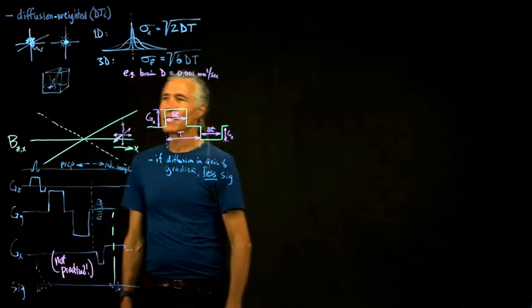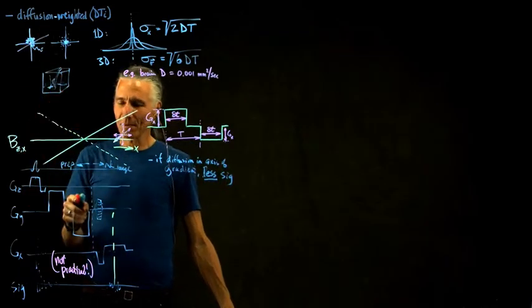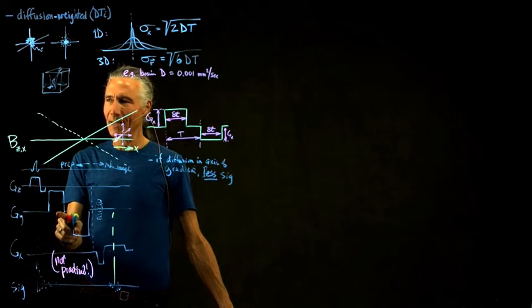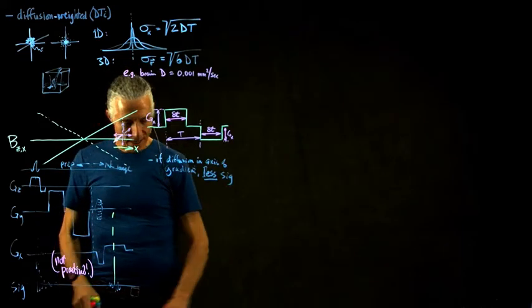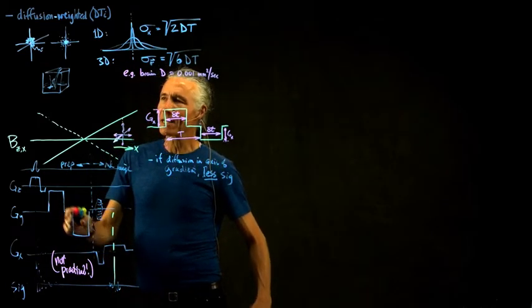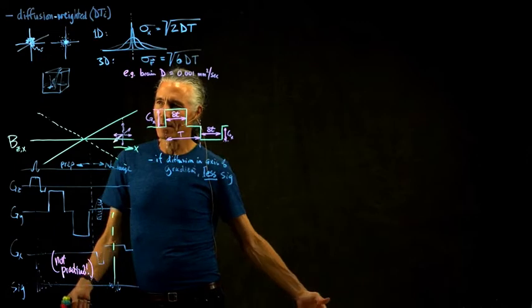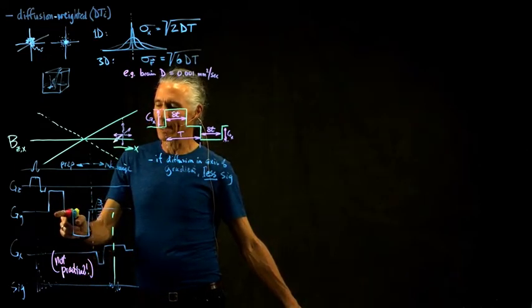So why do we say we can have a diffusion weighted scan? Well, the idea is we just do a really big one. To get a good diffusion weighted signal that dominates over the other signals, like T2 weighting, basically we just do a very large gradient.